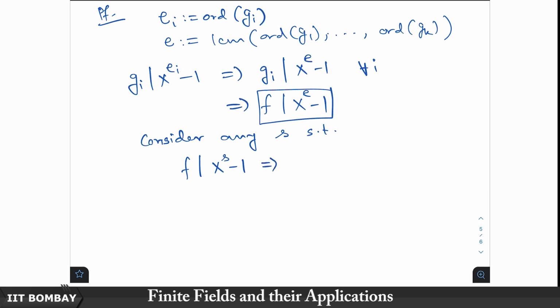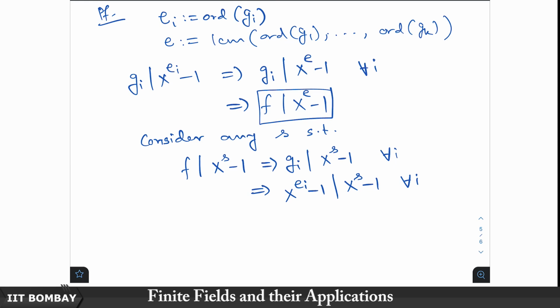So, let us see that f divides x^s minus 1 implies that g_i divides x^s minus 1 for all i, because f is the product of the g_i's, which means that x^(e_i) minus 1 divides x^s minus 1. Why? Because e_i is the order of g_i.